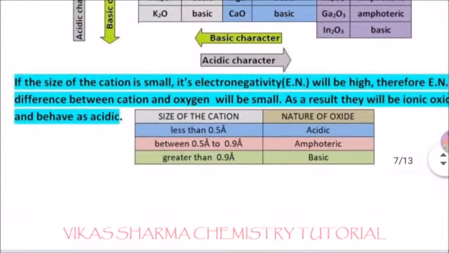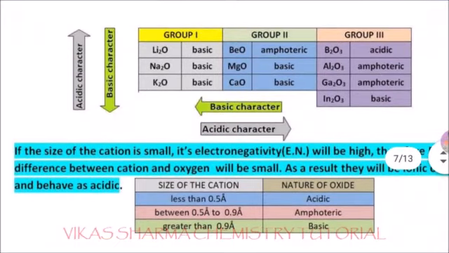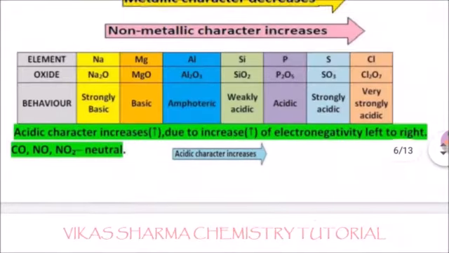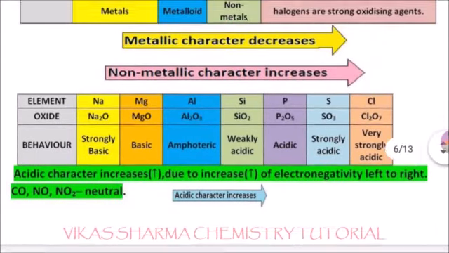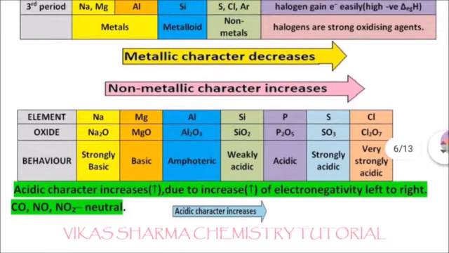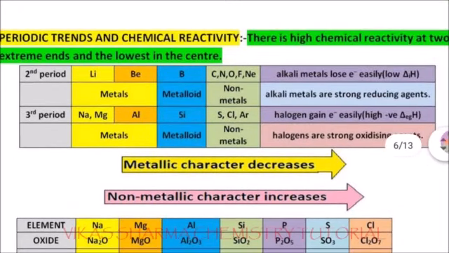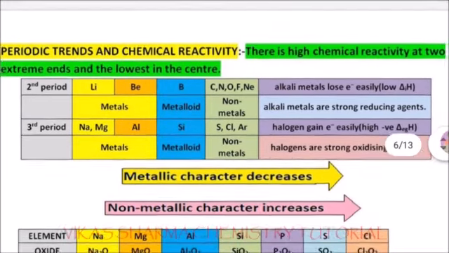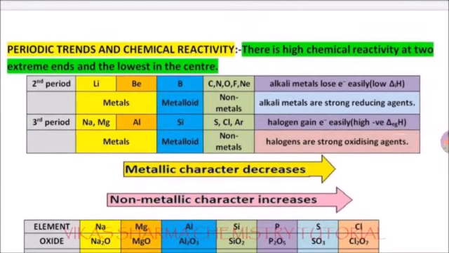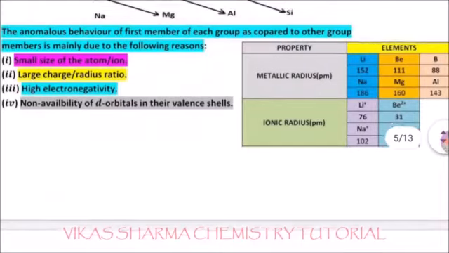The main part is the summarized portion on basic character and acidic character, and the summary that metallic character decreases and non-metallic character increases. So the nature of oxides: basic, acidic and amphoteric. It is also related to the tendency of a chemical property. Metals are found on the left, and metalloids separate them from non-metals. Non-metals are on the right-hand side.